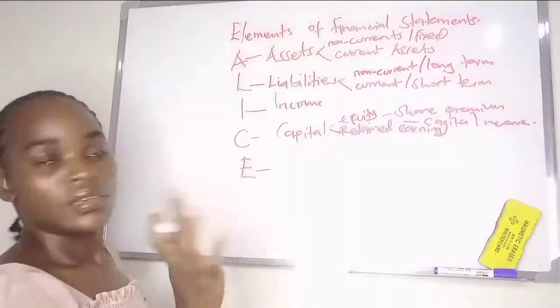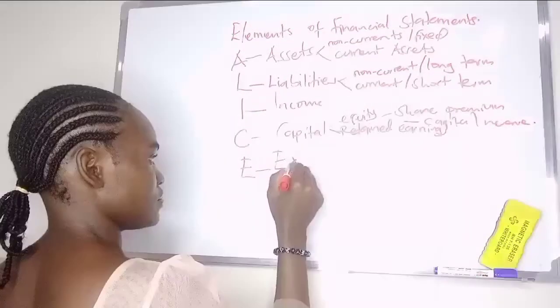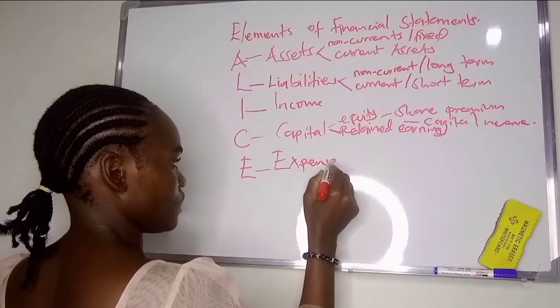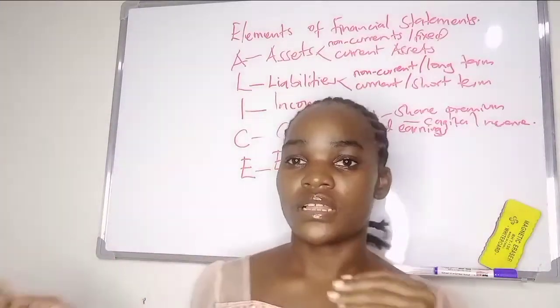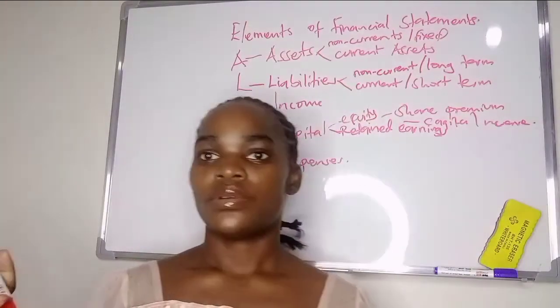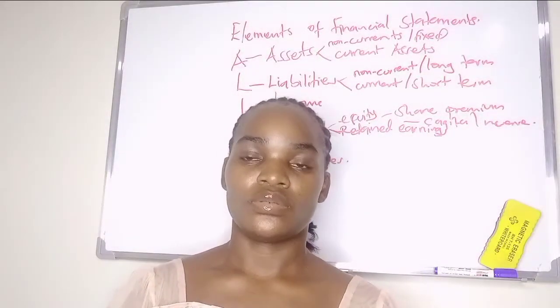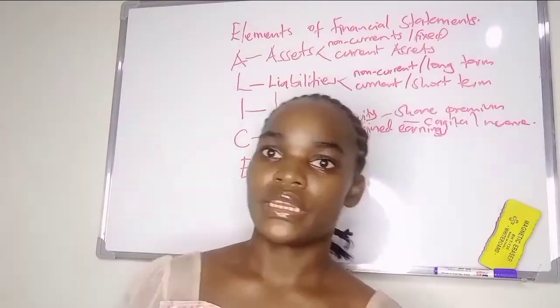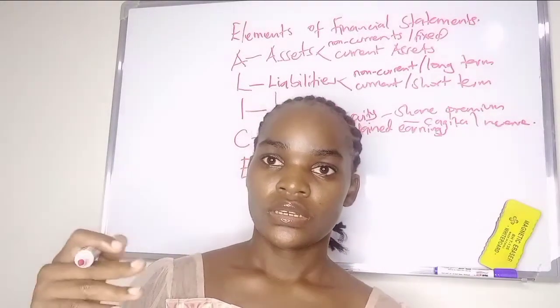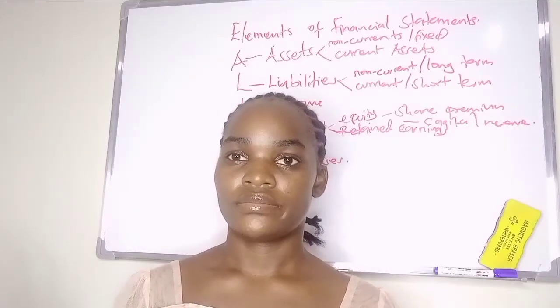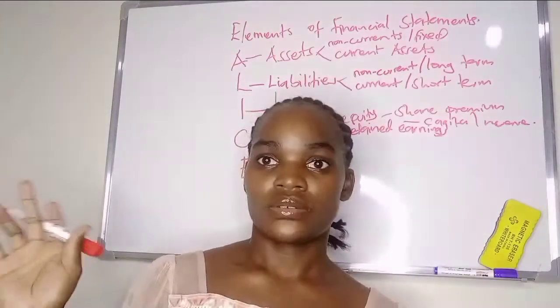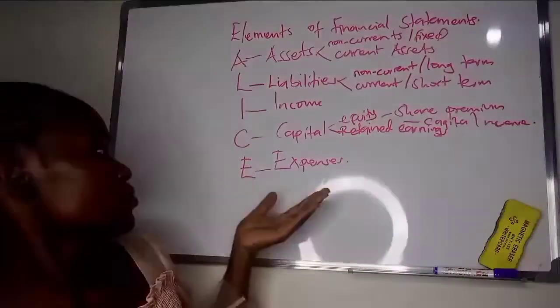Then E is for expenses. Expenses are many. We have salaries and wages, depreciation, electricity, rent, transport, discount allowed, all that.